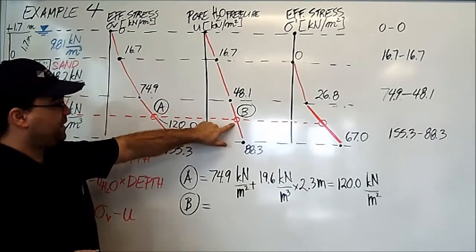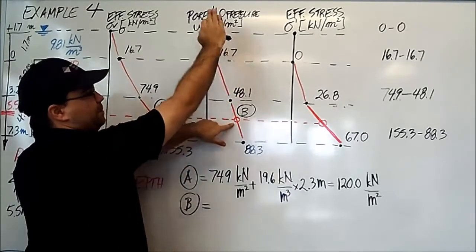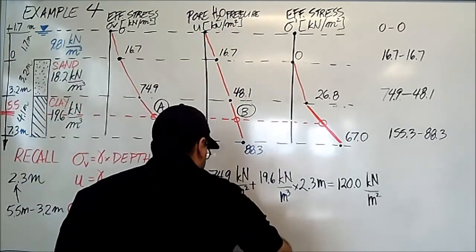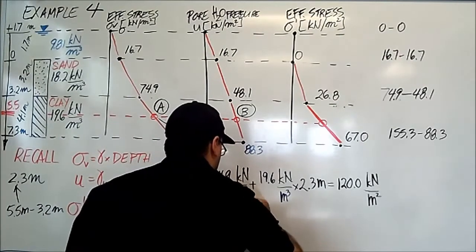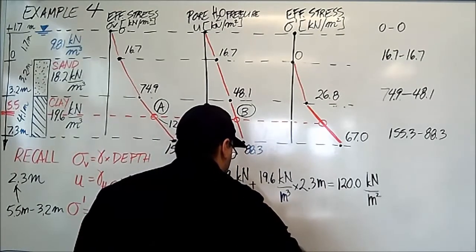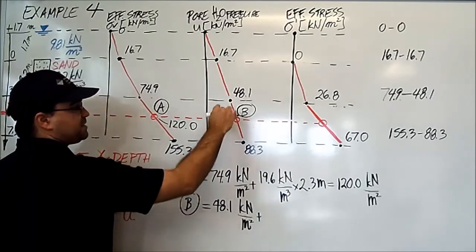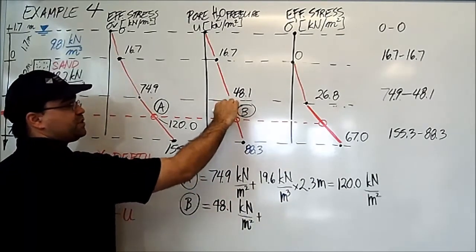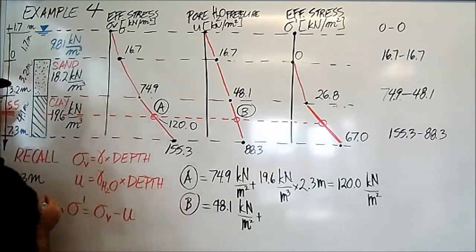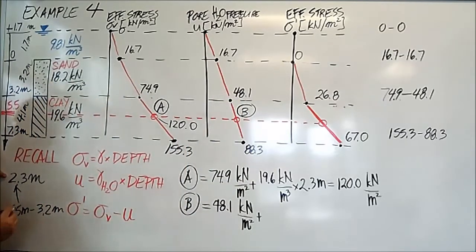The pore water pressure here is equal to the pore water pressure above, 48.1 kilonewtons per square meter, plus the pore water pressure of this portion, which is 2.3 meters.